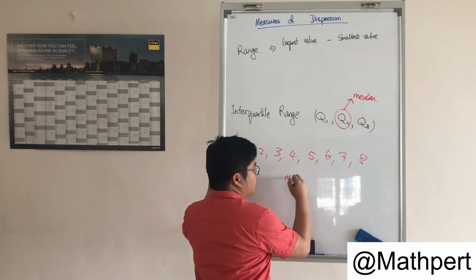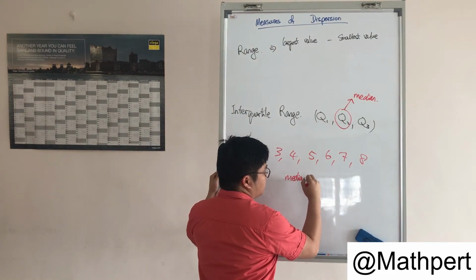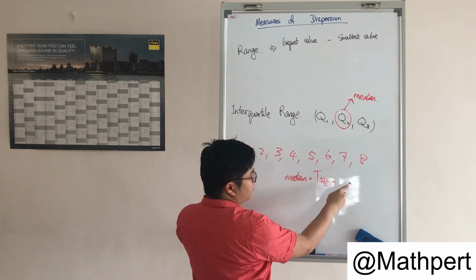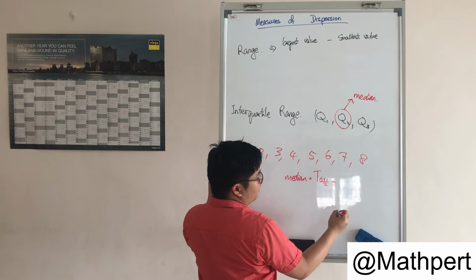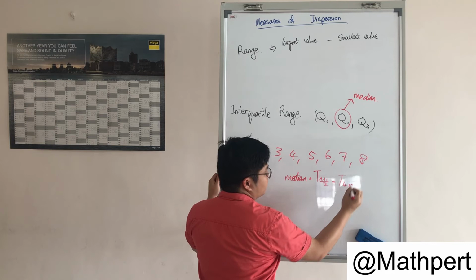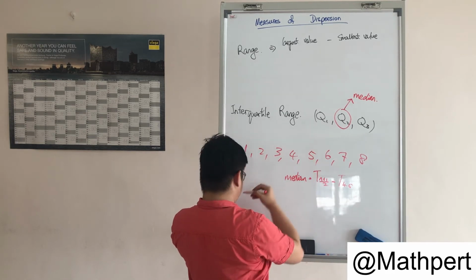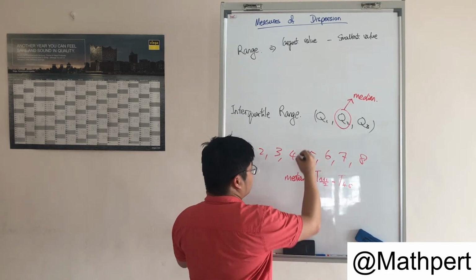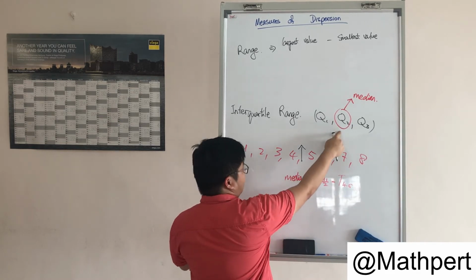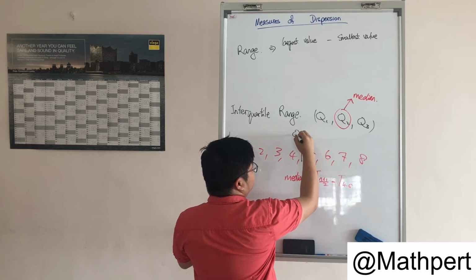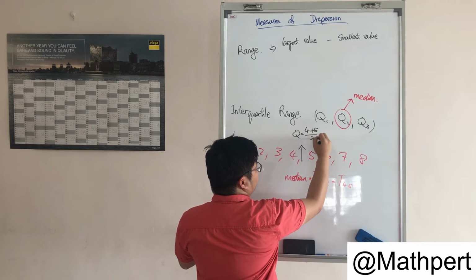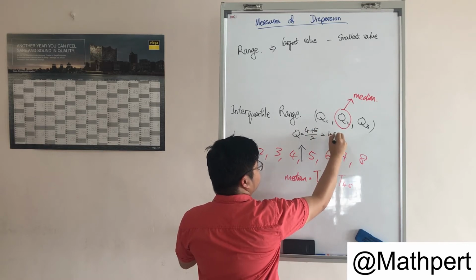So the median is equal to T of (n plus 1) divided by 2. 8 terms, 8 plus 1 divided by 2 is 4.5. So term 4.5, which is here. This will be the median, or we call it Q2, the second quartile. So Q2 is equal to 4 plus 5 divided by 2, which is 4.5.